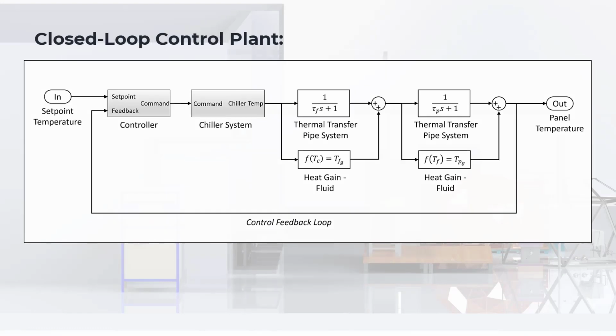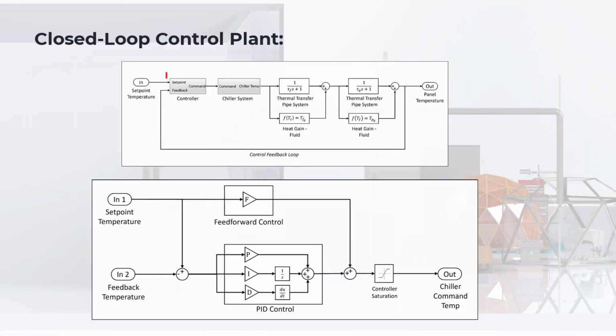A closed-loop control plant was developed in Simulink using the identified transfer system models and the middle transfer panel temperature signal as control feedback. A combination of feed-forward and PID feedback control was used to develop the controller. PID control is widely used in thermal systems, and feed-forward control is known to help reduce the error of slow processes with high time constants.